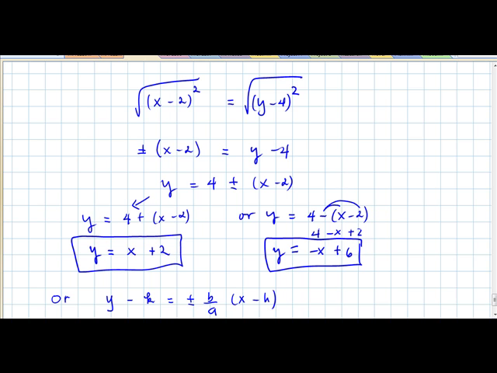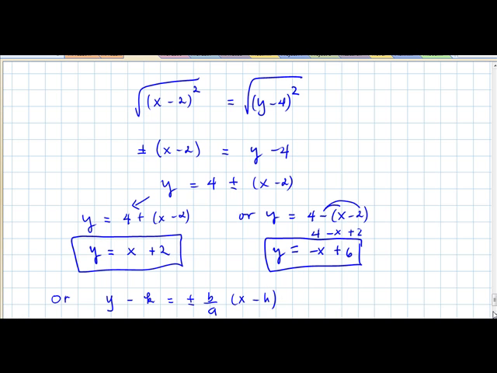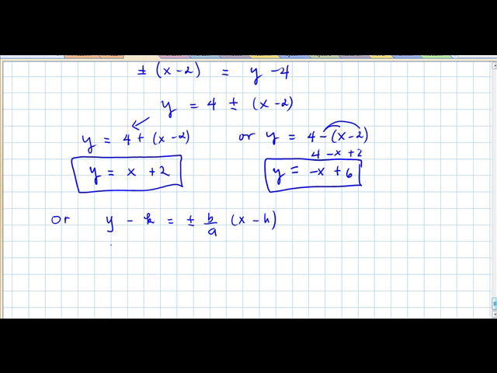Let me double check. Yep. So now you know that h, k stands for the center, which is 4, equal to b over a, which is 6 over 3. So I have 2 like that. And then the 9 cancels out. So you have plus or minus x minus 2.